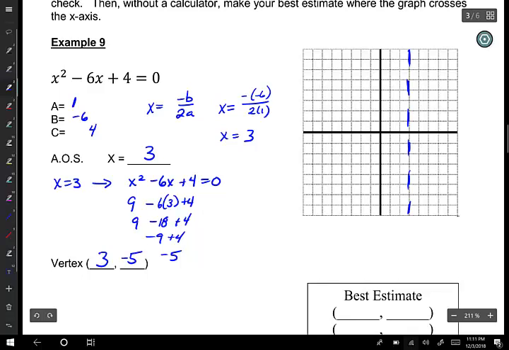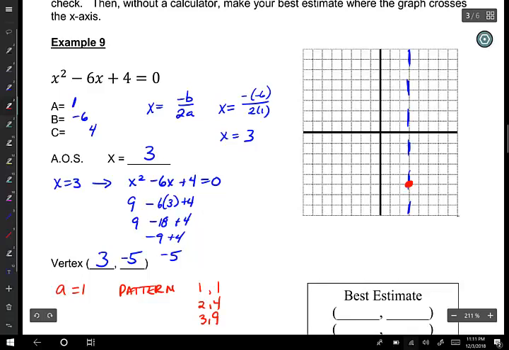So I'm going to go down to negative 5 and put a red dot there. 1, 2, 3, 4, 5. There's my red dot. There's my vertex. Now I'm going to look at the value of a. Since a equals 1, the pattern of our problem is going to be over 1, up 1, over 2, up 4, over 3, up 9.